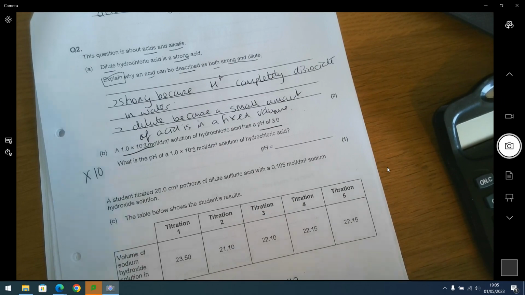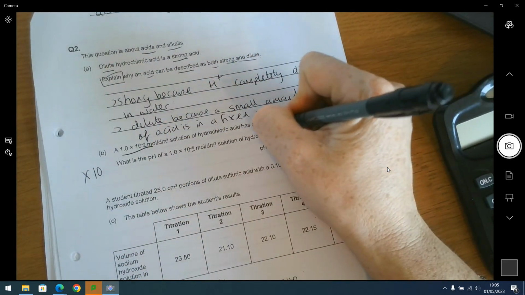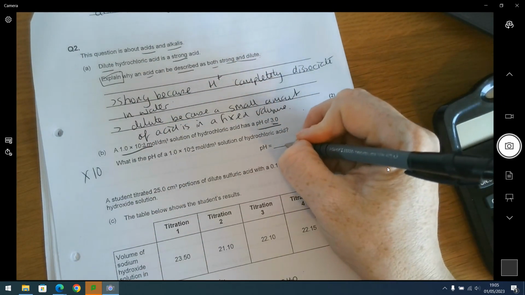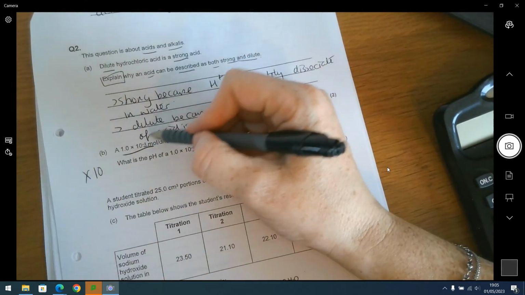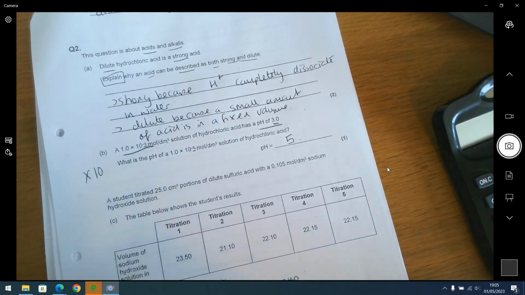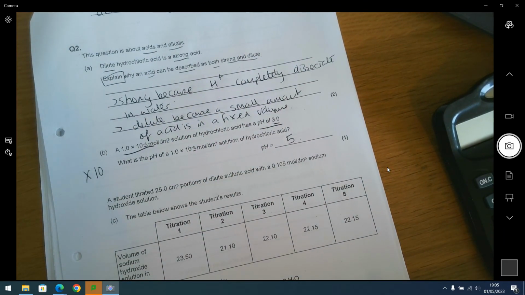So if the pH is 3, then I would assume this must be a pH of 5 because it's gone up by a factor of 2. And I can see that means it's gone up rather than gone down. Okay, happy with that calculation, quite straightforward.